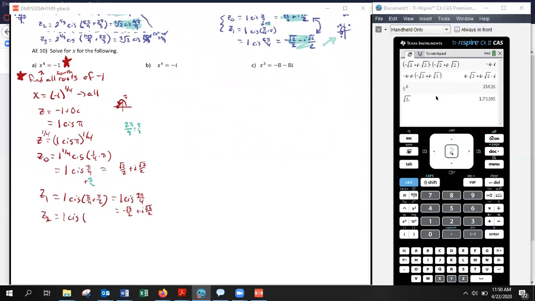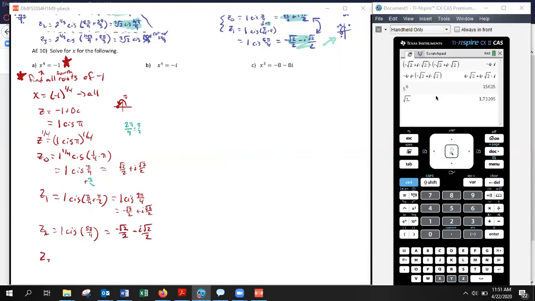Our next answer, 3 pi over 4 plus pi over 2, would be 5 pi over 4. Because I'm running into myself here, scoot that down. So that will give us negative square root of 2 over 2 minus I times the square root of 2 over 2.